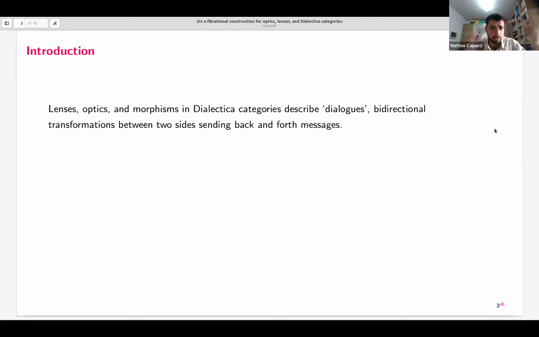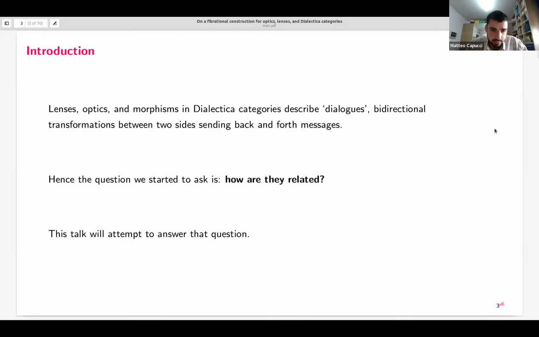Of course, there's more to each of these things, like lenses have a role in database theory, optics have a role in whatever functional programmers do, and dialectic categories are a whole logical aspect to it. But if we look at what's common, that's what it is. And so the question we started with was how they are related. And this is a talk about one possible way to relate them.